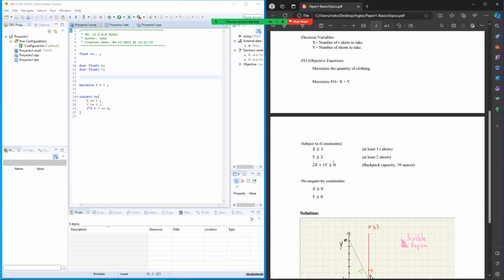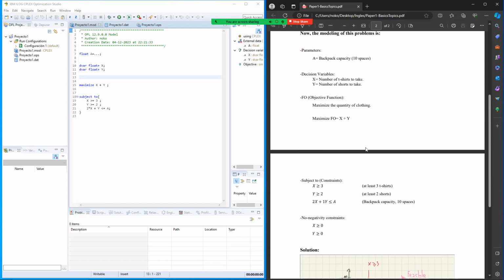This situation makes no sense. Also, the number of shorts could be 0 or more, because it makes no sense if Pablo says, okay, I will put on my backpack, I don't know, a negative number of shorts.